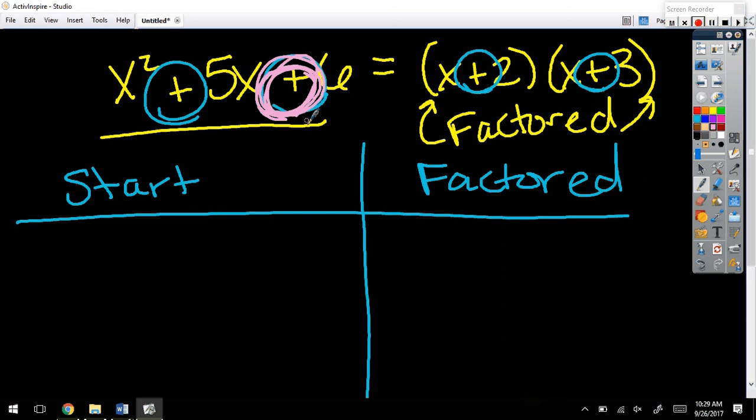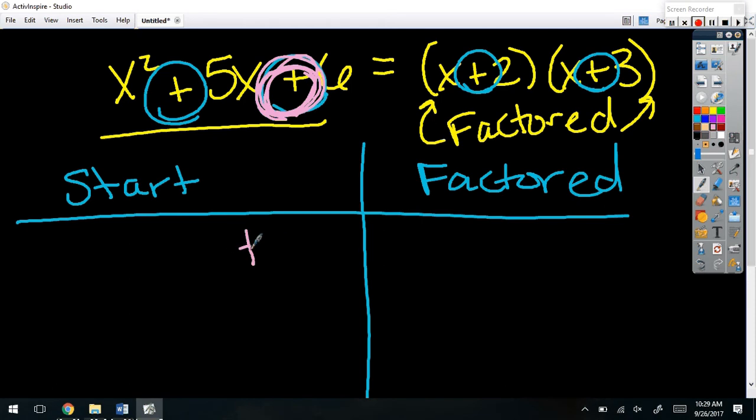If there's no X in the middle, I need to put a 0X. The second sign is a plus. Then there are 2 scenarios: the first one could either be a plus or a minus.